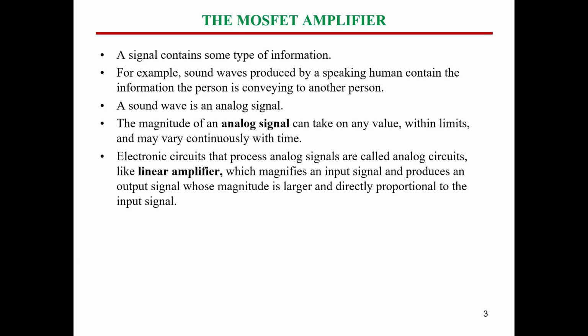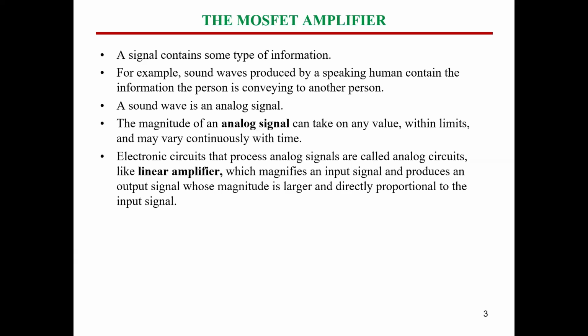Also, an analog circuit can be referred to as a linear circuit or linear amplifier, which magnifies, meaning it multiplies the signal times a certain gain. It magnifies an input signal and produces an output signal whose magnitude is larger and directly proportional to the input signal.